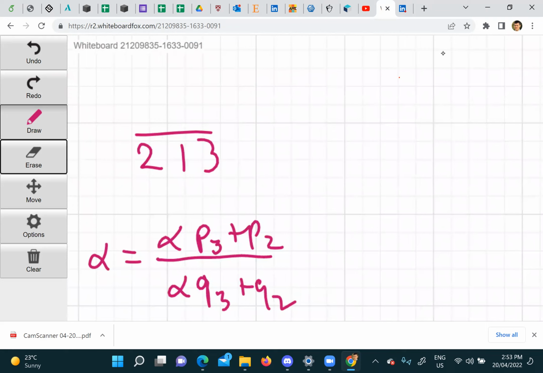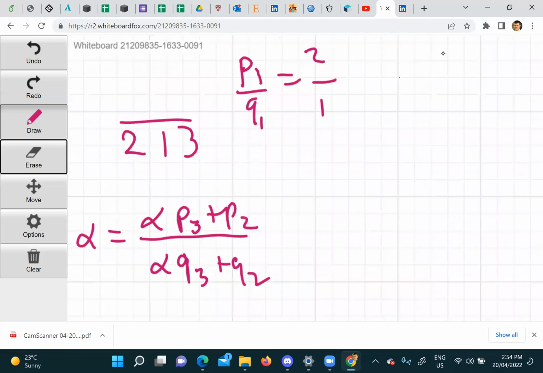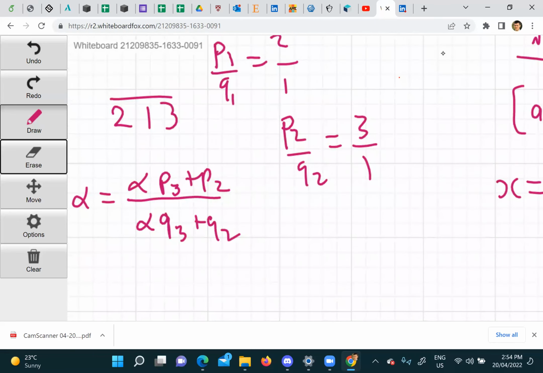We can use another way to figure out the convergents. For example, we know P1 on Q1 is just always the first number on 1. P2 on Q2 is 3 on 1, and then we can use the recurrence to get P3 equals 3 times P2 plus P1.